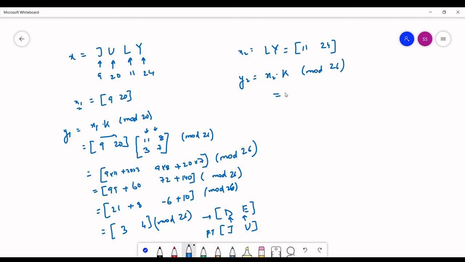So I can write this as 11, 24 into K, where K is 11, 8, 3 and 7. If you multiply this, you will get 121 plus 72 and 88 plus 24 into 7, which is 168.